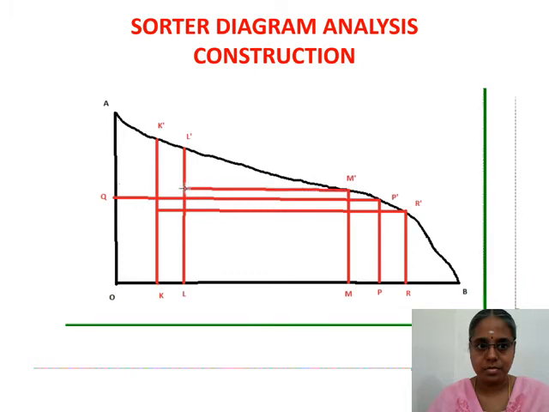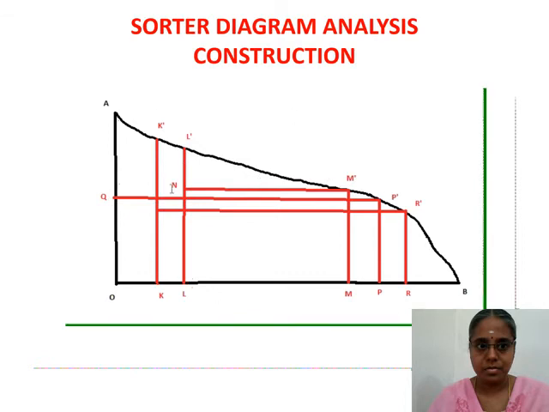From M, draw a line parallel to OB which touches L dash at N. The difference between L dash and M dash is the interquarter range. If this interquarter range is less, then your dispersion will be low.